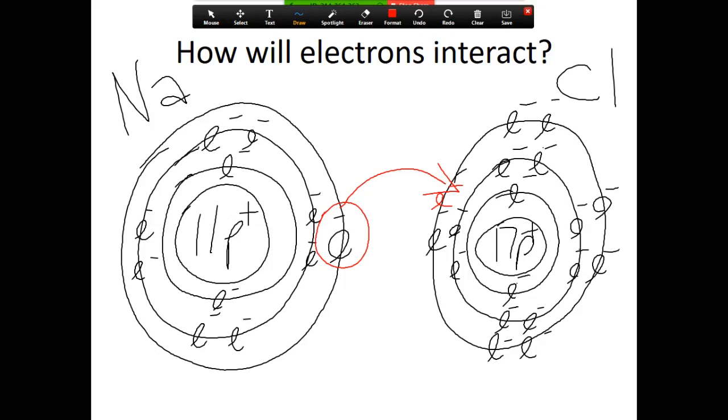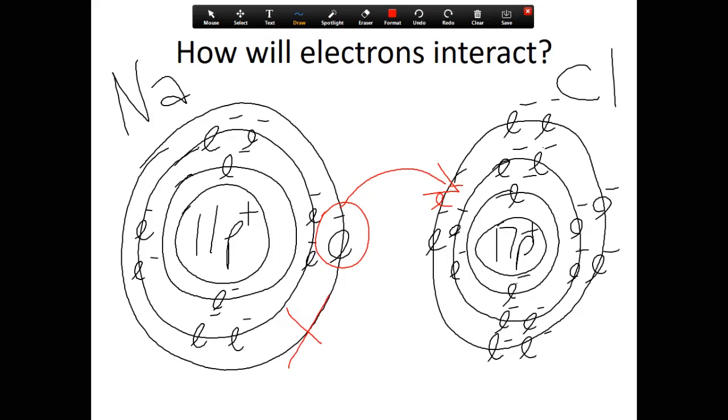Thereby giving chlorine an extra and sodium has 1 less. So when you get rid of this electron, then you also get rid of that third shell. So that makes the second shell the outer one, and that indeed is full.